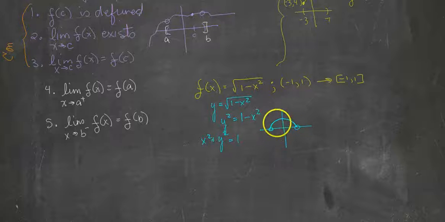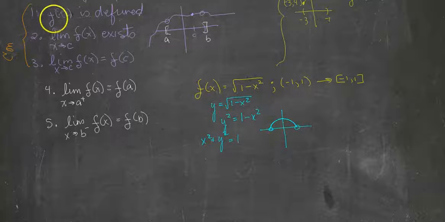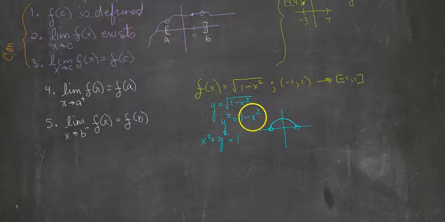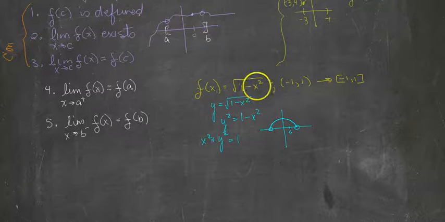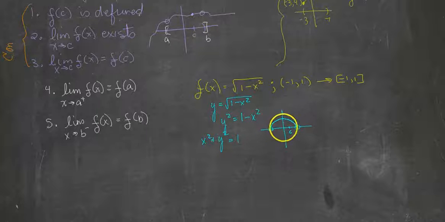So I've done that. Now, is this continuous on the open interval? Well, let's look at our rules. The f of c is defined. So our question is, for a semicircle, is there any value between -1 and 1 that I'm not allowed to choose? Meaning I choose any value c, am I going to get an output? And in fact I am, because if I look back at the original function, any value between -1 and 0 is going to be something smaller than 1.